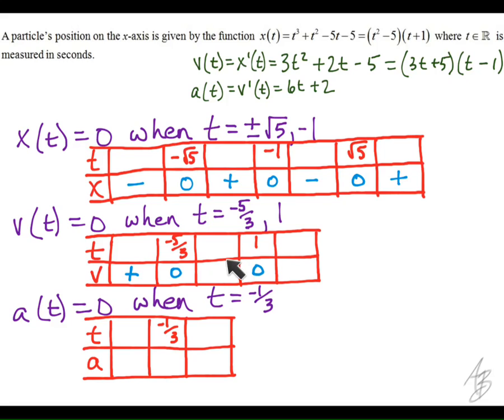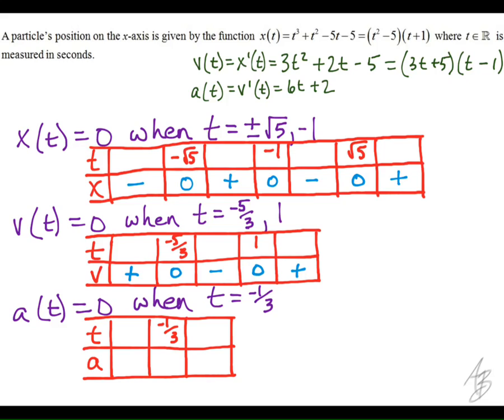If we try a number between negative 5/3 and 1, say 0 for t, we get a 5 and a negative 1. That's going to give us a negative. So we know the velocity will always be negative on the region from negative 5/3 to 1. And plugging in a large number, we get a positive velocity in that last region, at any t value where t is greater than 1.